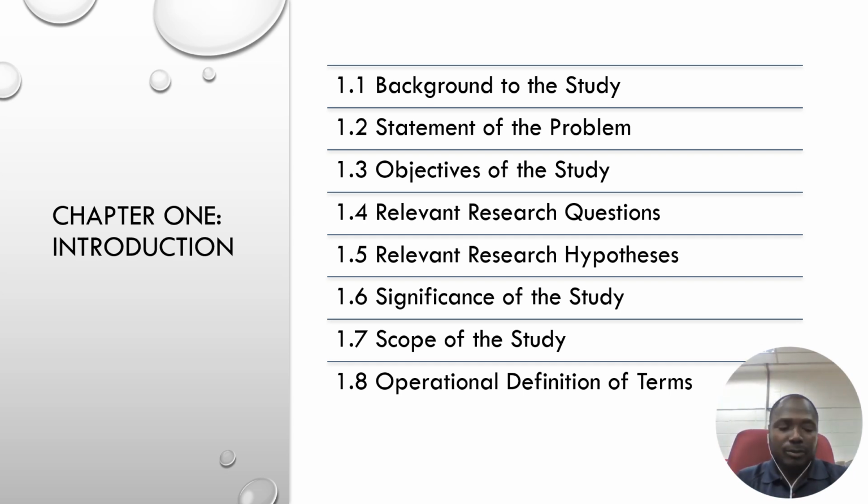Then statement of the problem. Statement of the problem actually tells us the variables. Clearly you state the identified variables and samples. For example, what makes this my topic a problem?